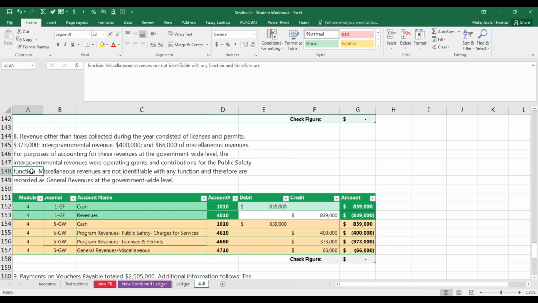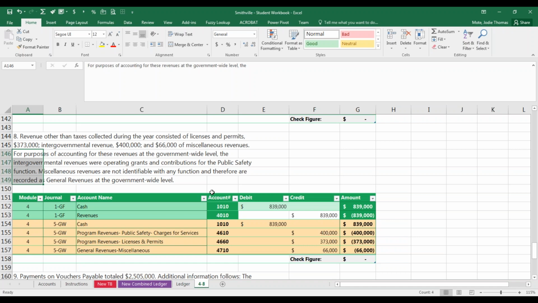Miscellaneous revenues aren't identifiable with anything and therefore are just recorded as general revenues. And the remaining one, the licenses and permits of $373,000, it didn't give any type of note here because it's recorded the same way in both ledgers.